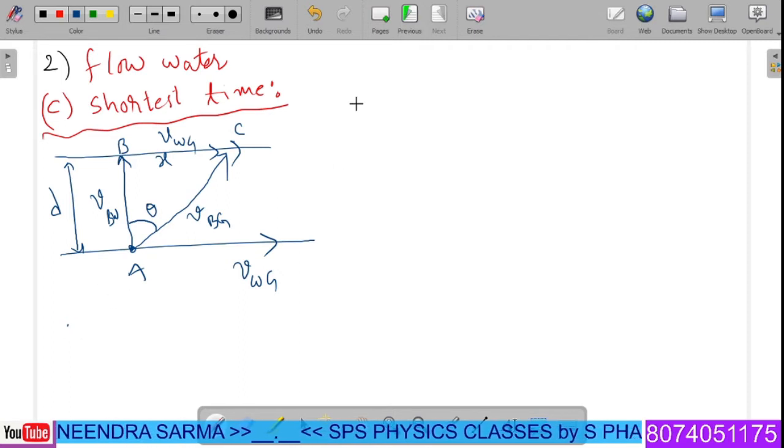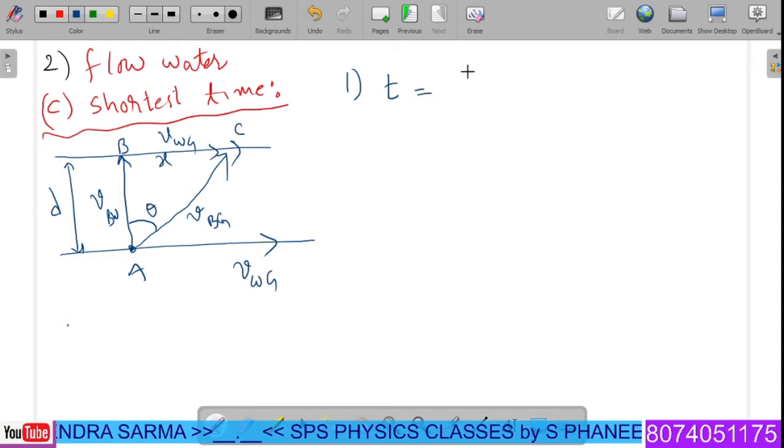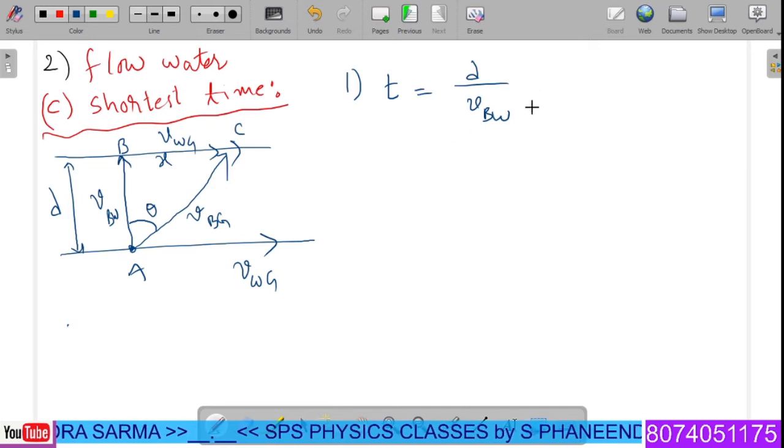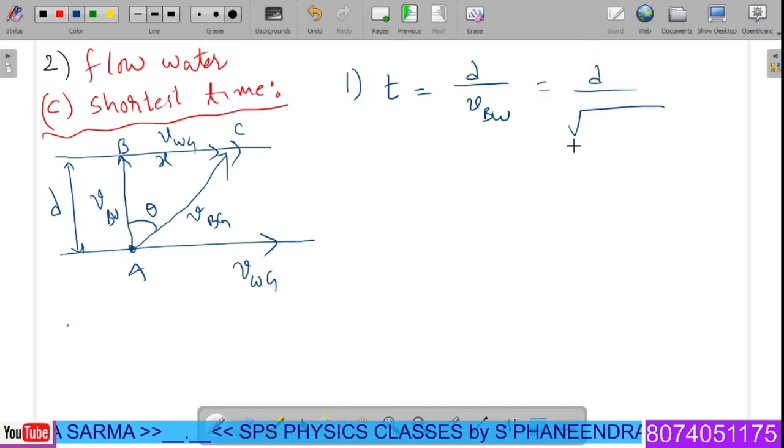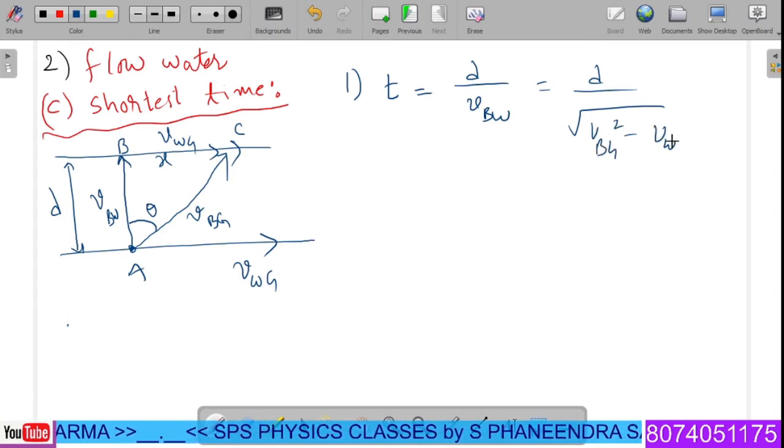So what are the things you have to remember? Number one, the time required in the shortest time is given by D by VBW. This is also equal to D by square root of VBG square minus VWG square. Hypotenuse square minus side square. We have to use this kind of formula here.